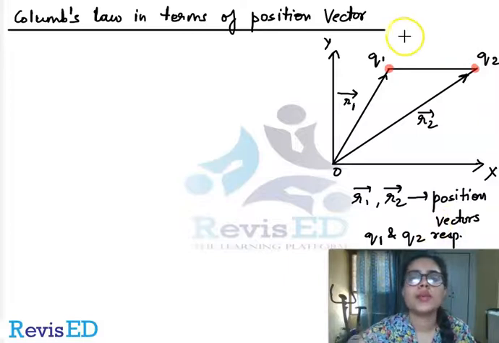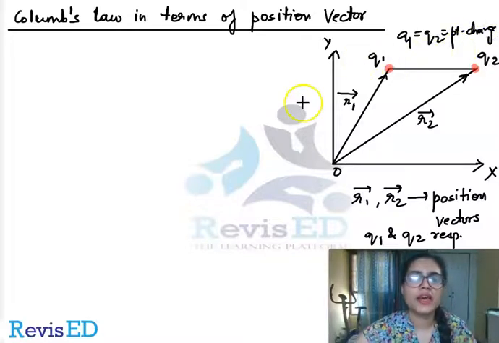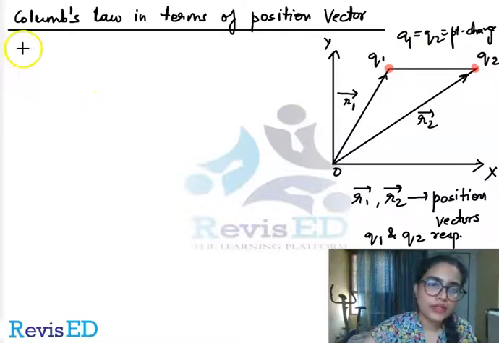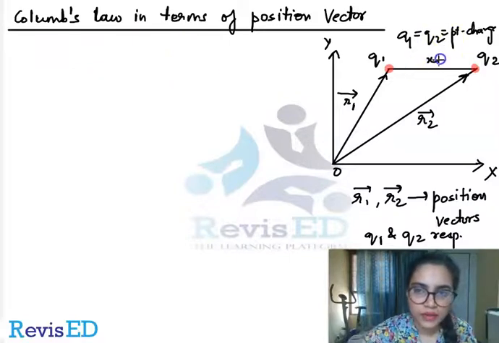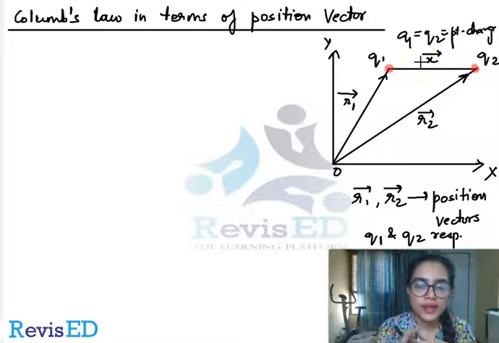Fine. Q1 and Q2 are point charges. We know that we represent charge by Q. Fine. So how we can do this derivation: if vector X is considered to be the distance between the charge Q1 and Q2.